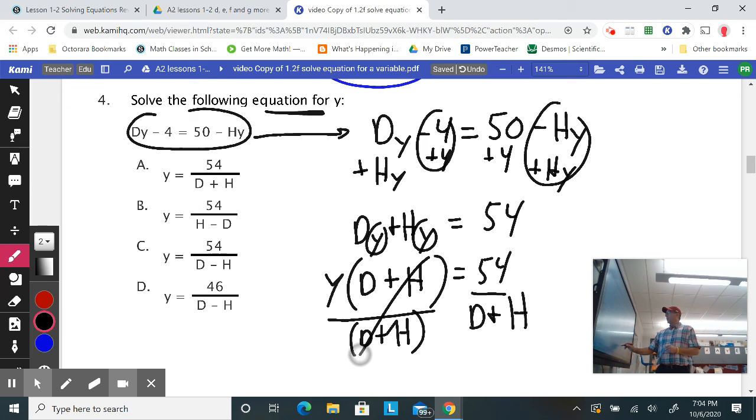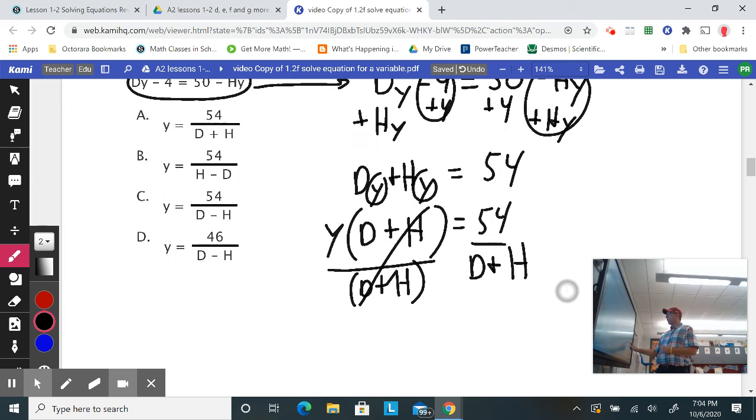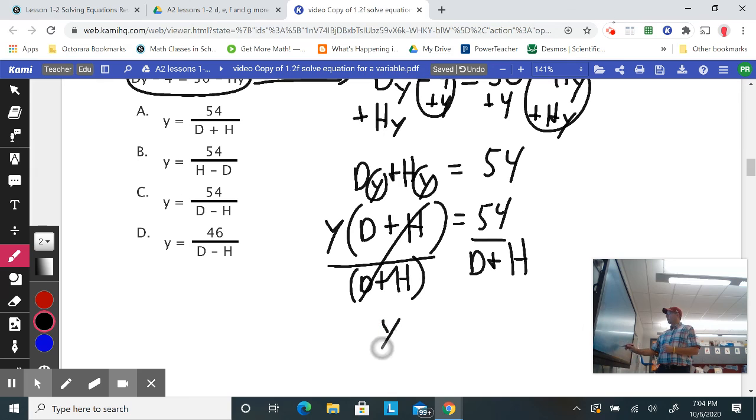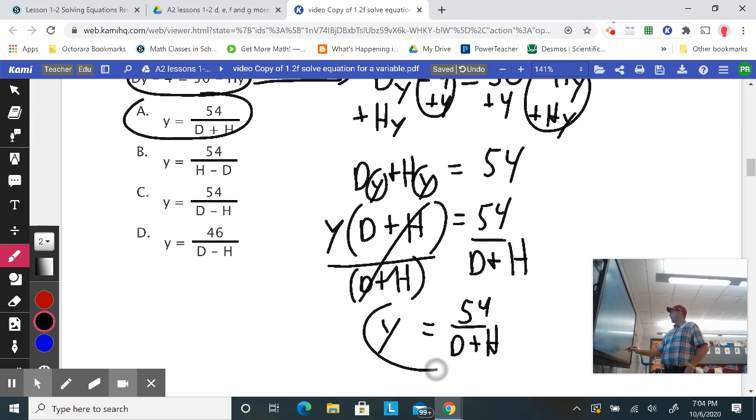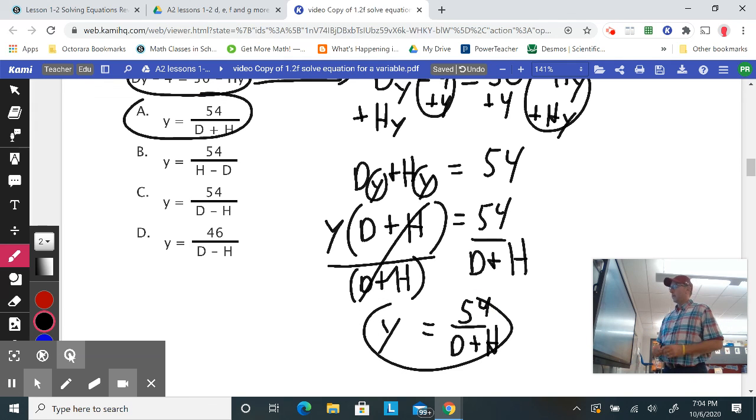These become 1. Y is now by itself on the left side, and 54 is in the numerator, and the denominator I have is d plus h. Do I have anything that fits? A works. Boom.